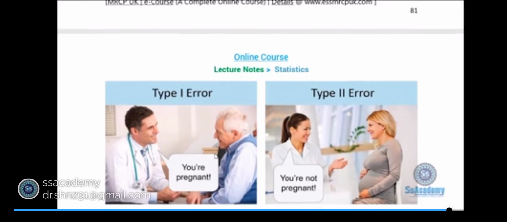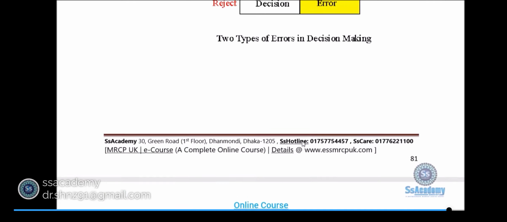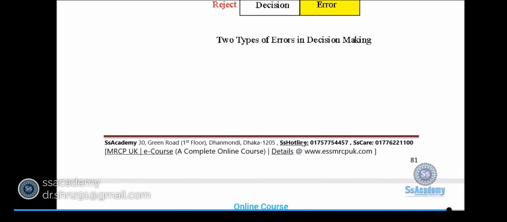A type 1 error is a false positive, and a type 2 error is a false negative.